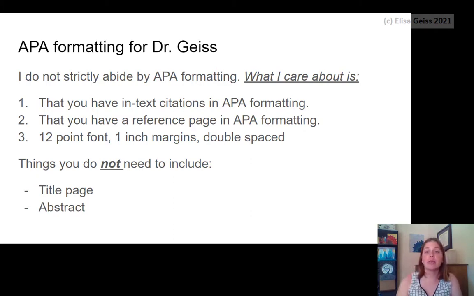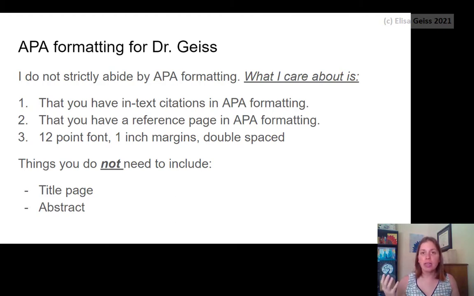So what I really care about is that you have in-text citations in APA formatting, and that you have a reference page in APA formatting. If you make small mistakes, it's not a big deal. So please don't worry about that part, but what I'm trying to get you to understand is how you actually use APA formatting.